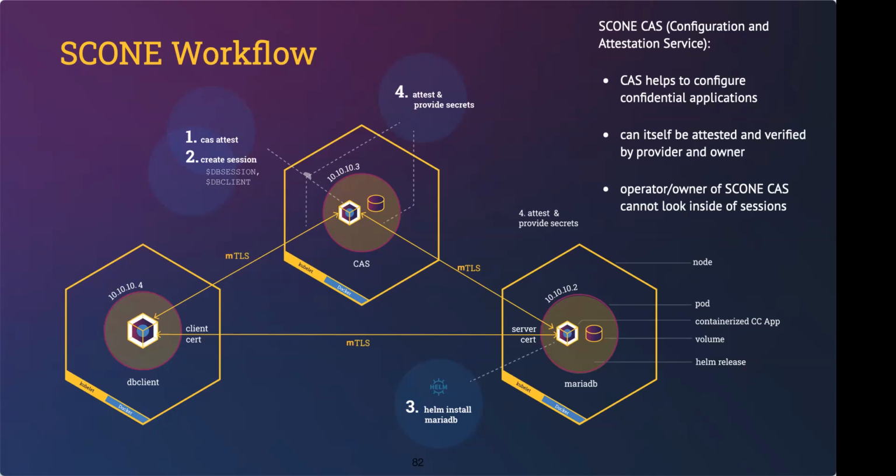You can even say not only on which CPUs, but also what the state of the database has to be. So there are multiple things you can do in the policy. But the main functionality that you need from the underlying infrastructure is attestation. So how can the CAS trust that this MariaDB is running inside of an enclave?